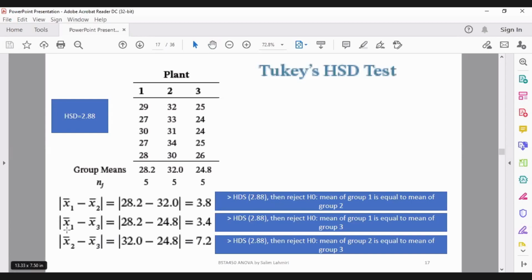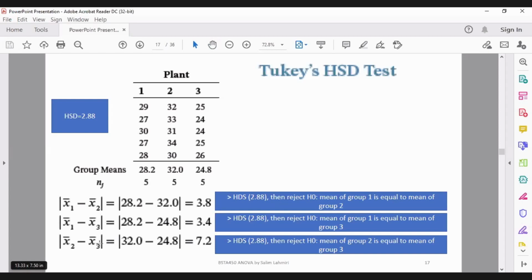If x1 bar minus x3 bar is equal to 0, it means that x1 bar is equal to x3 bar. If x2 bar minus x3 bar is equal to 0, it means that x2 bar is equal to x3 bar. So this is basically how the test is performed.